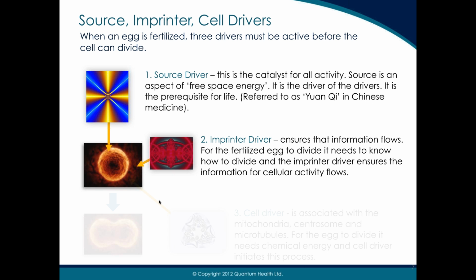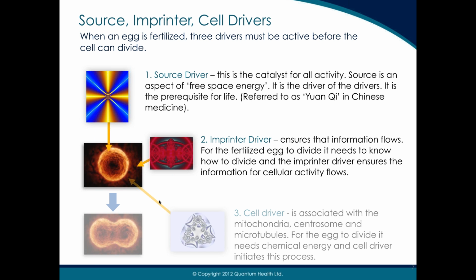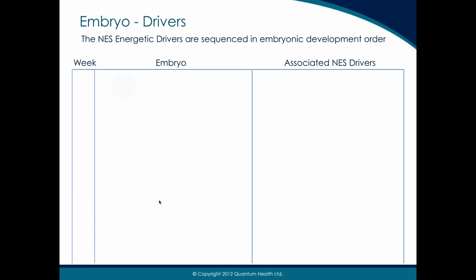ED1, ED2, and ED3 are associated with the mitochondria, centrosome, and the microtubuli. So ED1, 2, and 3 are very important within exhausted situations, with chronic illnesses, immune system defenses. So it's very important that you know the interpretation and the working fields of those drivers.